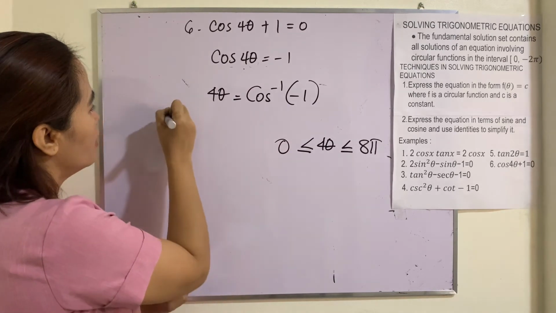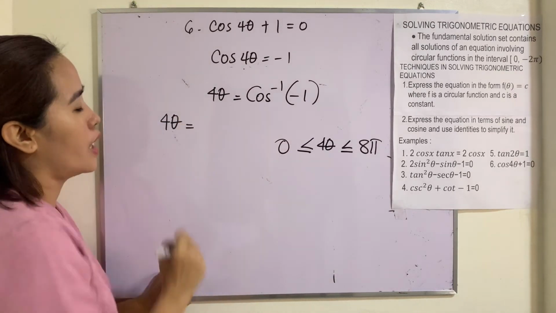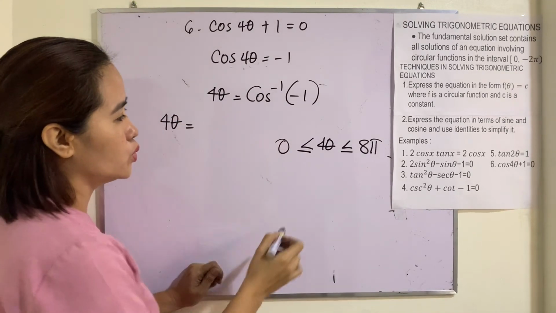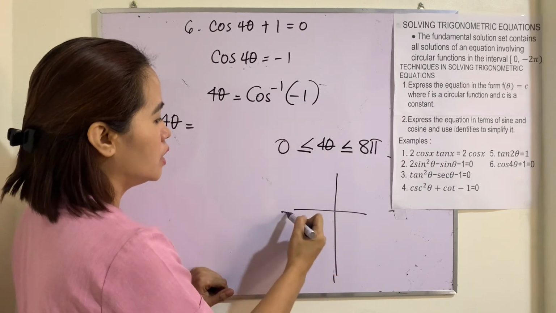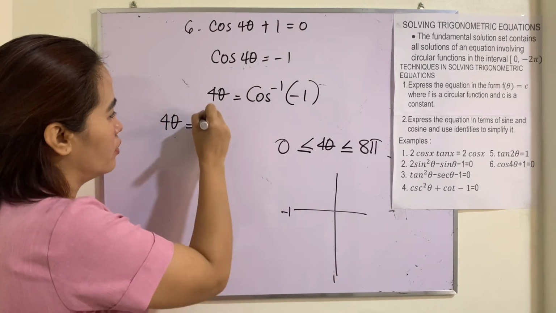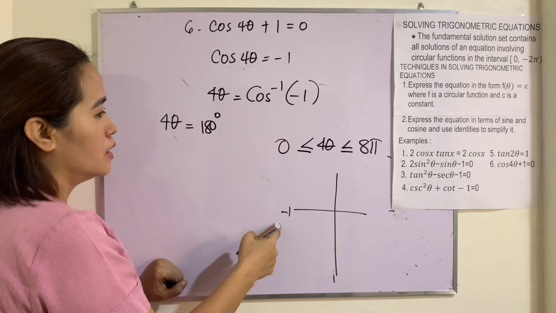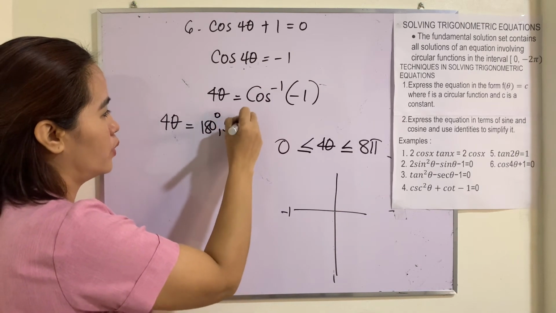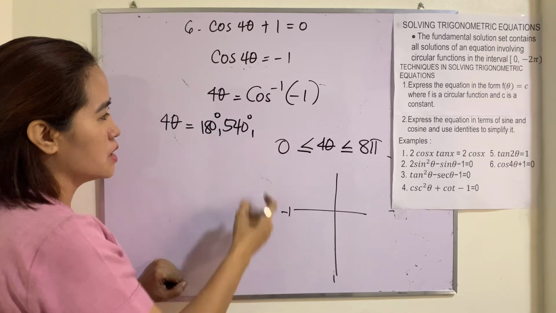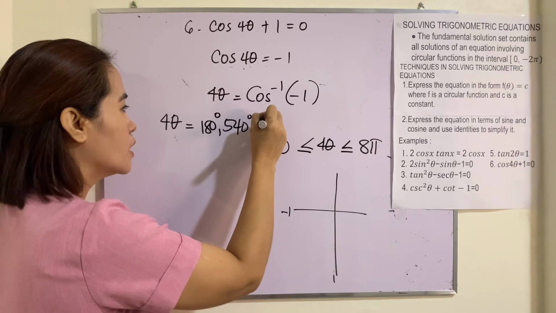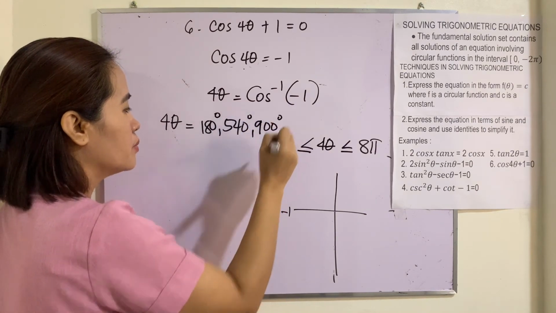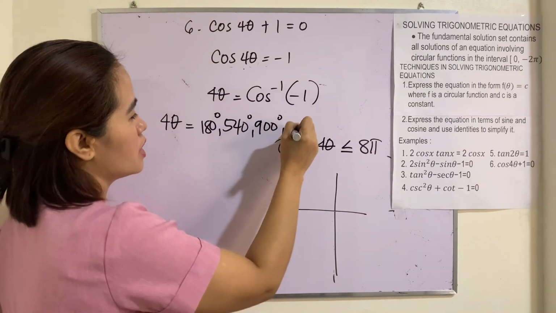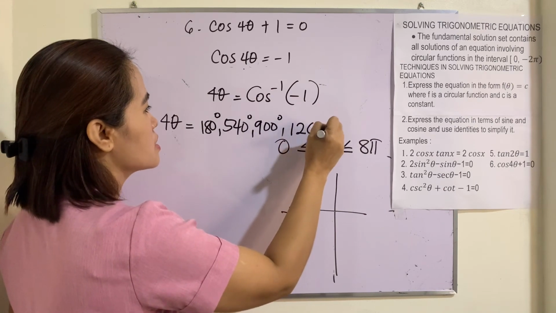And from there, we can say that 4 theta is equivalent to arc cosine of negative 1. We have 180. And then plus 360, that is 540. Plus 360 again, that will be 900. Plus 360 again, that is 1,260.